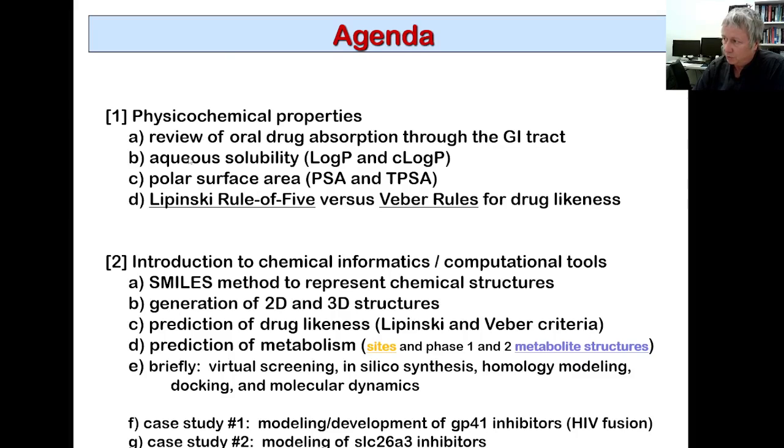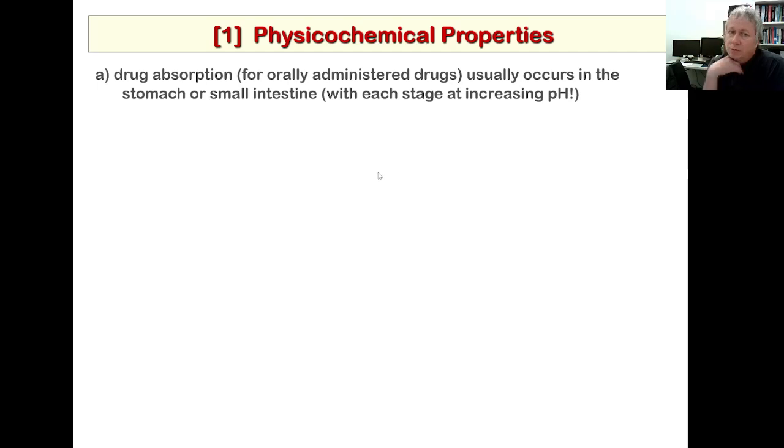Alright, so moving forward, the first thing we'll talk about is basic oral absorption through the GI tract for small molecules. Drug absorption for drugs that you administer orally occurs in the stomach or the small intestine, so it kind of depends on the pKa and ionization state of the drug.